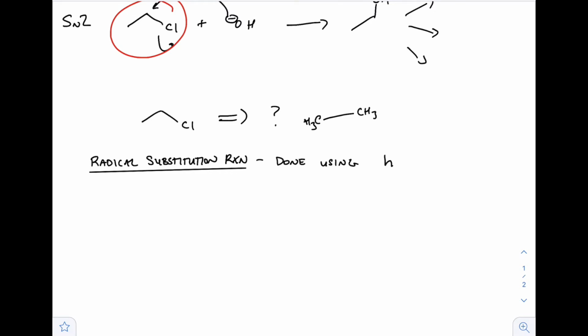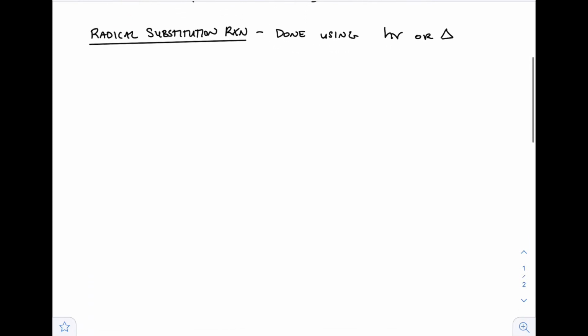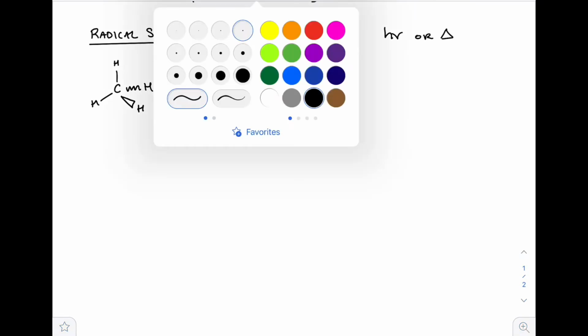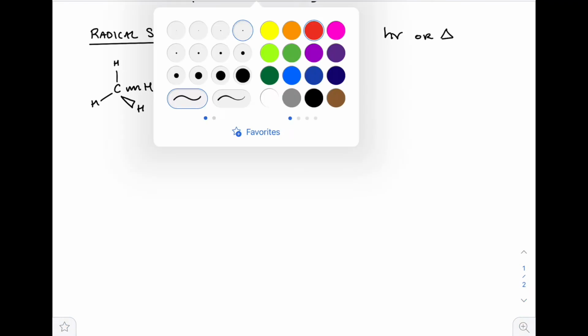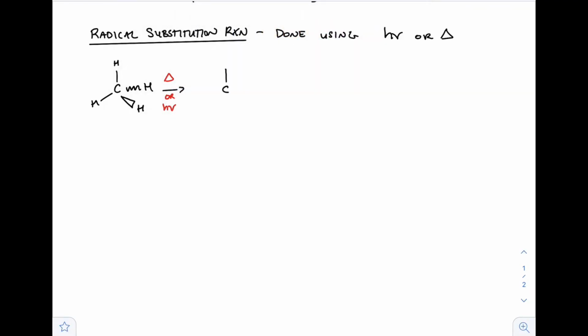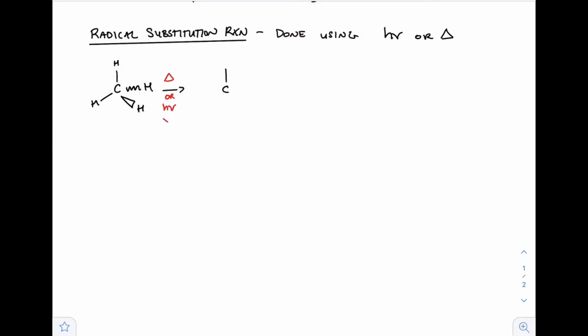This can be done, like we said in a previous video, using light or heat. That's going to create the formation of that radical. What I want to do now is use methane as an example of how we might create a halogenated species. So we have methane, and we can introduce light or heat, in the presence of X2, which is chlorine or bromine.